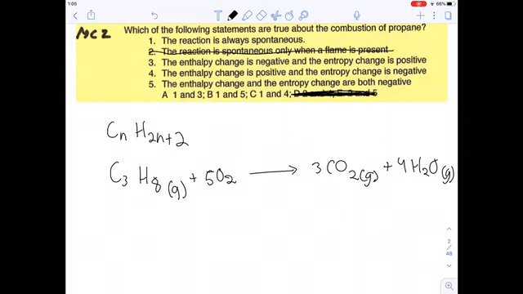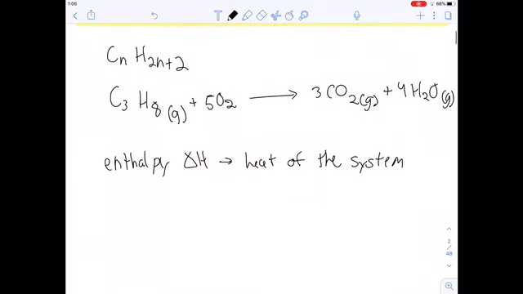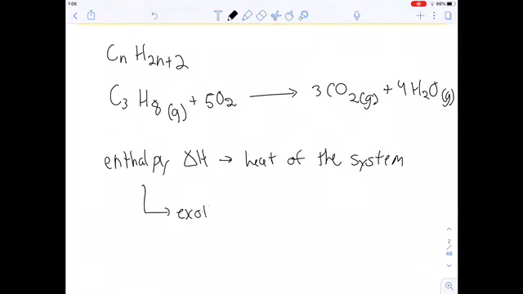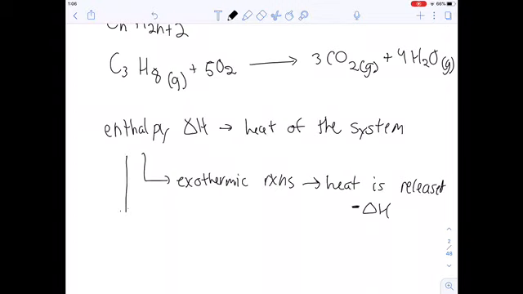So enthalpy is the heat of the system, and if heat is released, it's exothermic, and if heat is absorbed, it's endothermic. So I'm going to write that down. Enthalpy, or delta H, is the heat of the system. So exothermic reactions, heat is released, and delta H is going to be negative.